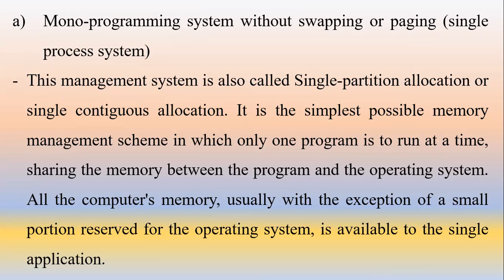It is the simplest possible memory management scheme, in which only one program is run at a time, sharing the memory between the program and the operating system. All the computer's memory, usually with the exception of a small portion reserved for the operating system, is available to the single application.